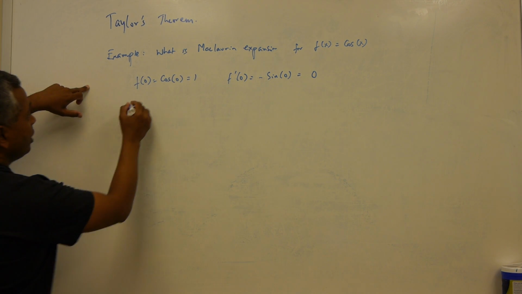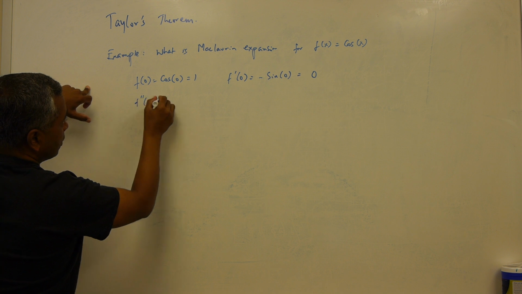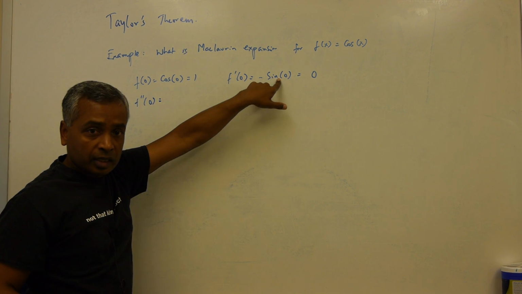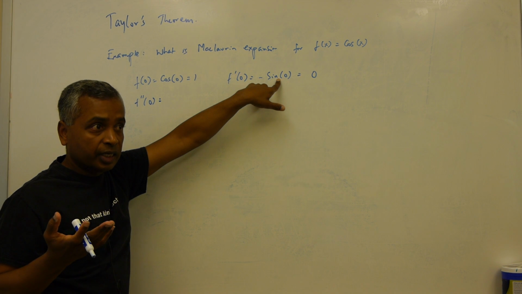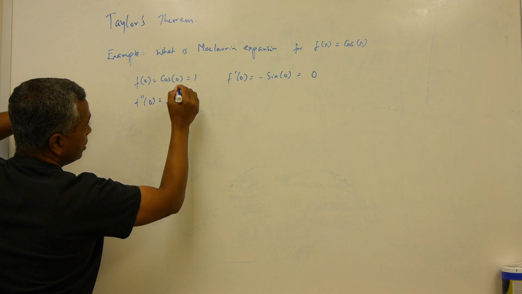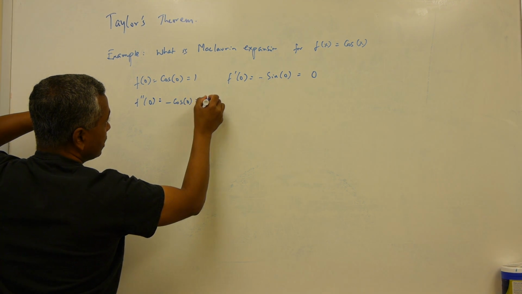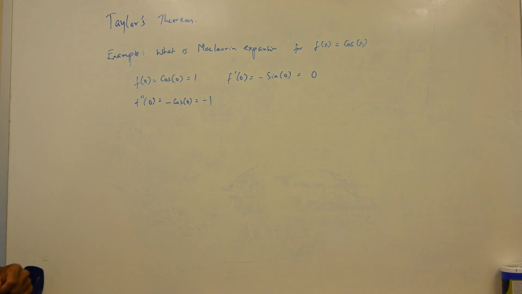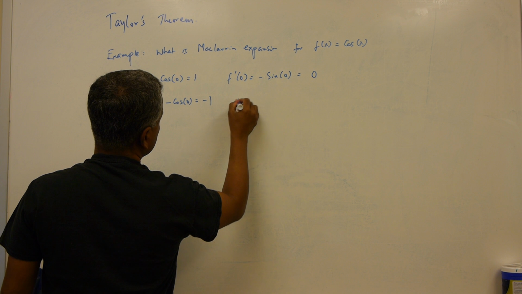Now the second derivative is the derivative of this. The derivative of sine x is cosine x, so this is minus cosine 0, which is minus 1.